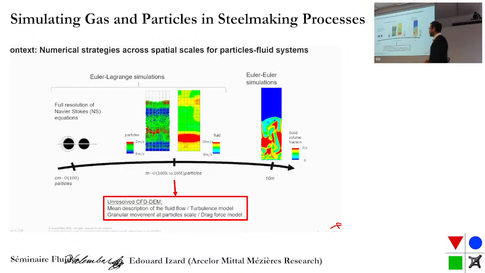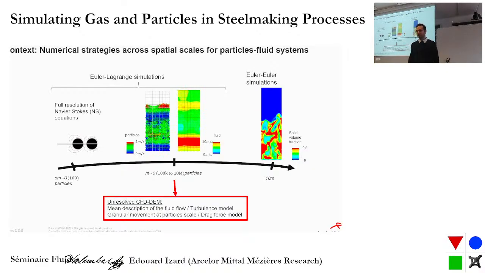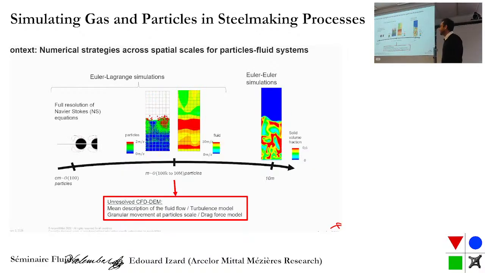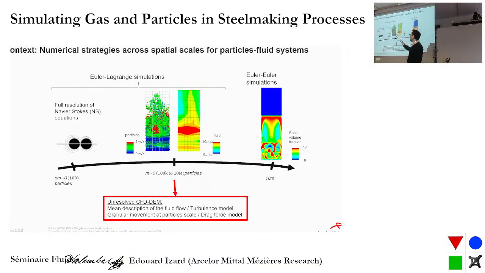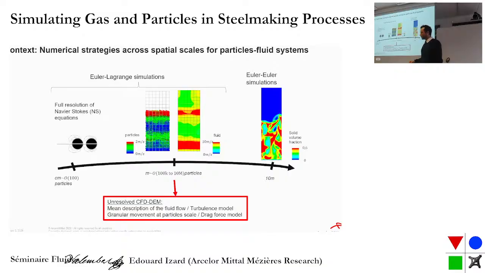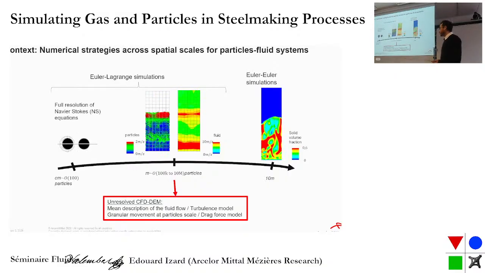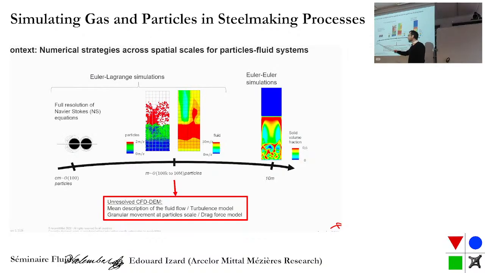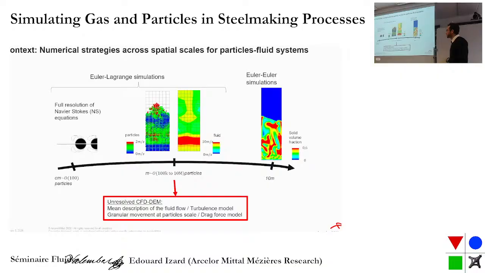So if we want to really solve all the Navier-Stokes equations around the particles, we have the possibility to make Euler-Lagrange simulation with full resolution of Navier-Stokes. But we can resolve mainly few particles, let's say 100 maximum, from what is in the literature.